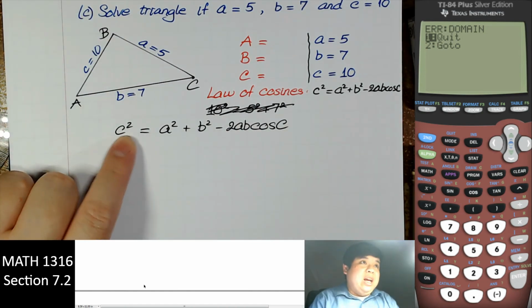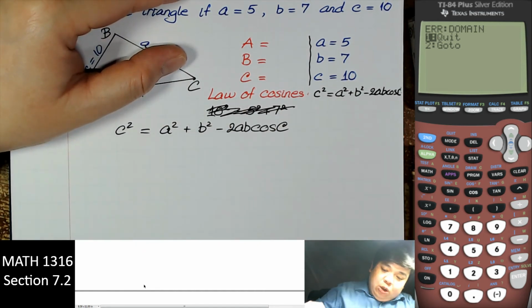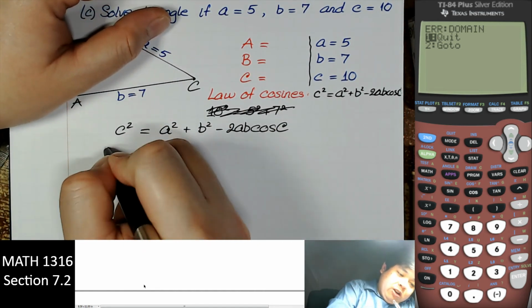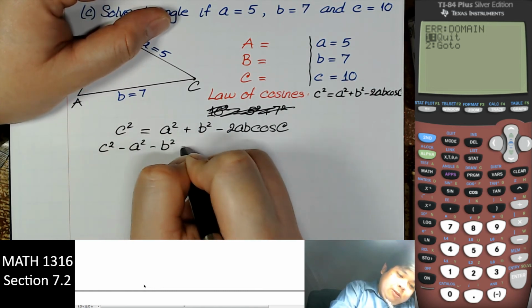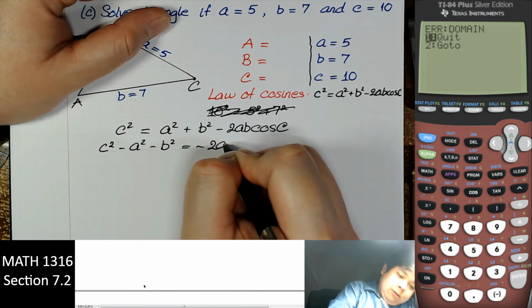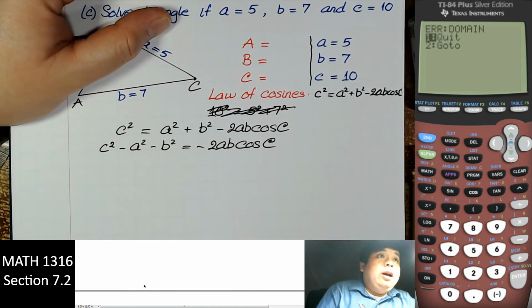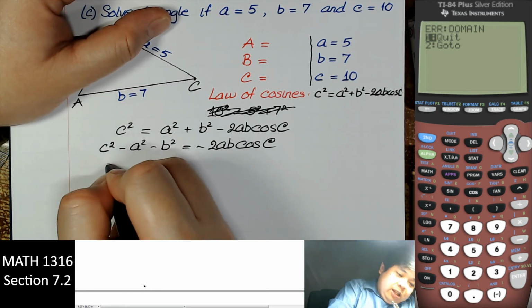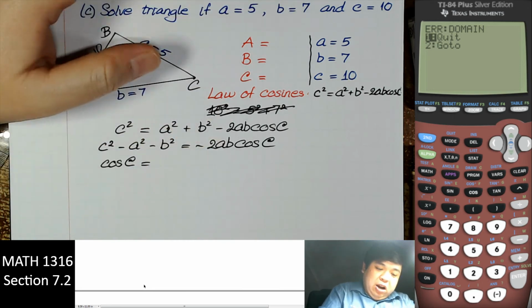Obviously, we know little a, little b, little c. We just need to find the angle C here. So we subtract a squared, b squared on the other side. And then to solve for cosine of C, we take this, divide by negative 2ab.